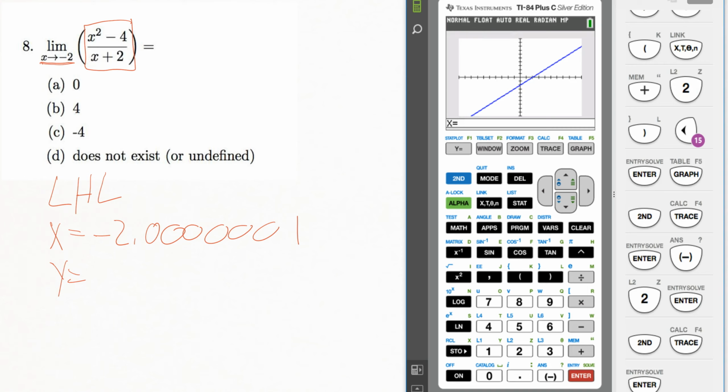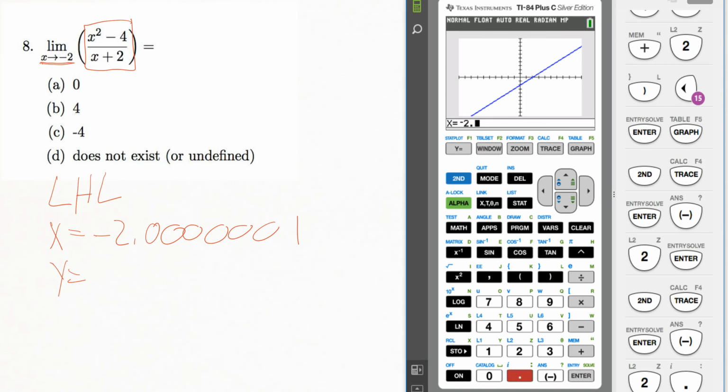Then I enter the x value of negative 2.00000001 and hit enter. It's giving me a y value equal to negative 4, you'll notice on the screen. So my left-hand limit equals negative 4.